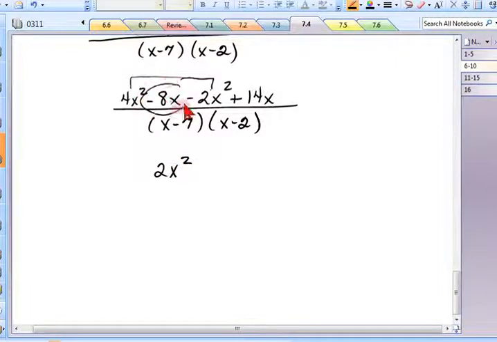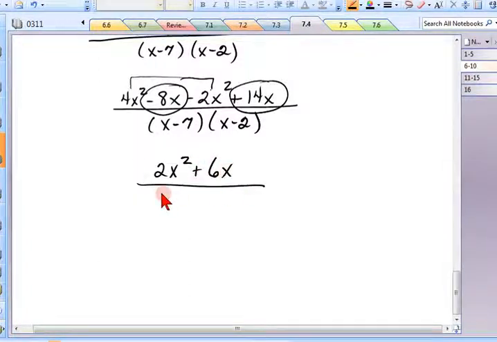I have a minus 8x and a plus 14x for plus 6x. And it's over x minus 7 times x minus 2. Okay, getting tired. So that you just combine like terms? Yes, ma'am.